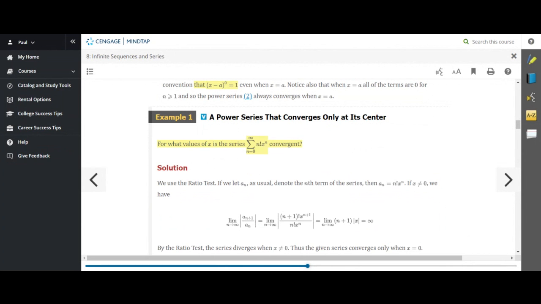So like 0 factorial equals 1. 1 factorial equals 1. 2 factorial is 1 times 2, which is 2. 3 factorial is 1 times 2 times 3, which is 6. So it looks like the terms of this series might be growing for any value of x you use. Got to be a little careful about that.